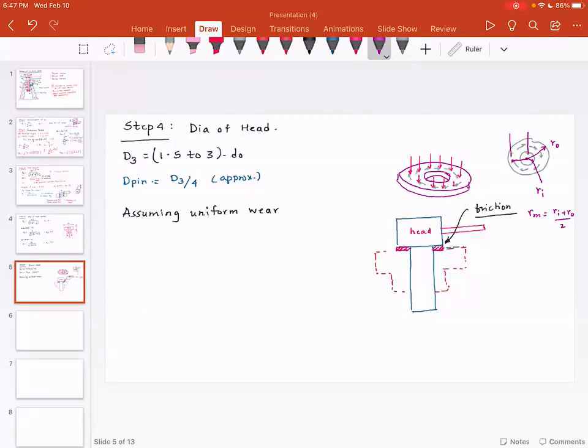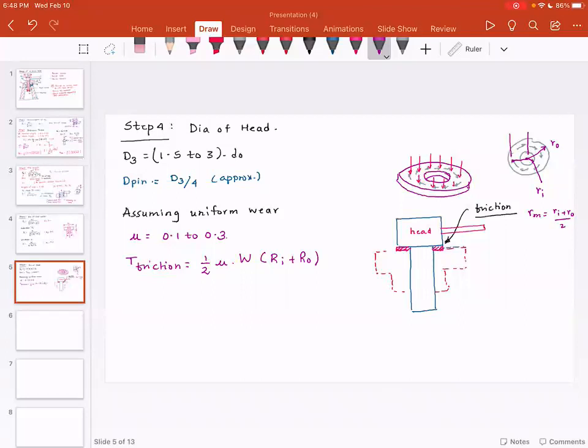If the coefficient of friction is given, you can use it; otherwise you can assume the coefficient of friction anywhere between 0.1 and 0.3. You can find the frictional torque is equal to 1/2 mu W (Ri plus Ro).